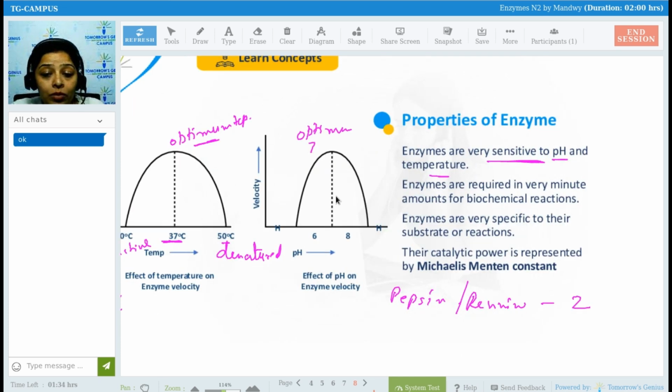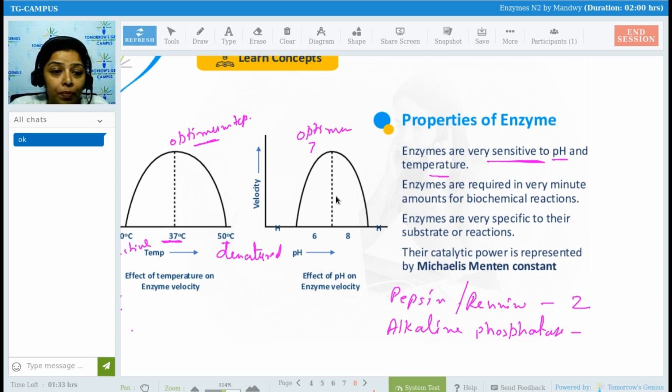There are some enzymes that can work properly at pH more than 7, such as alkaline phosphatase. Alkaline phosphatase will work in a highly basic medium, that is pH 10.